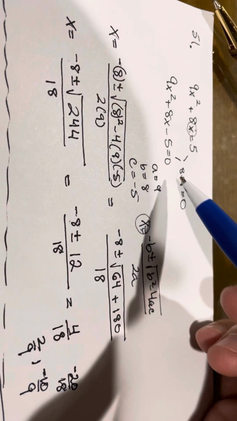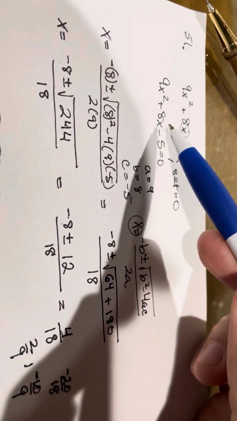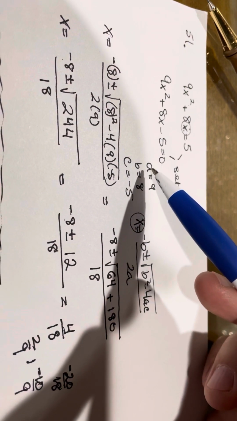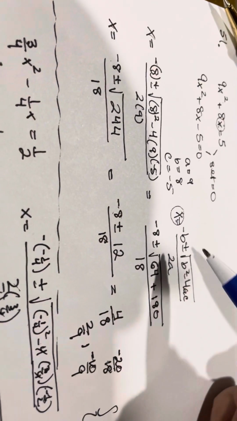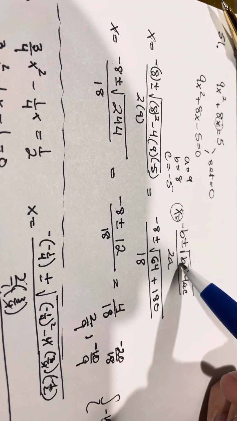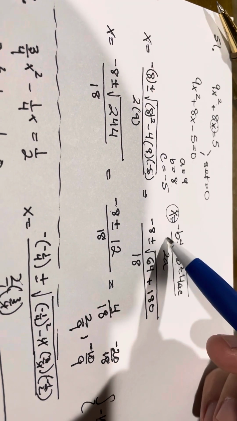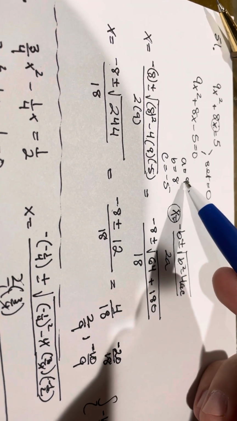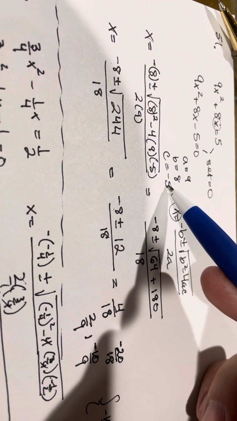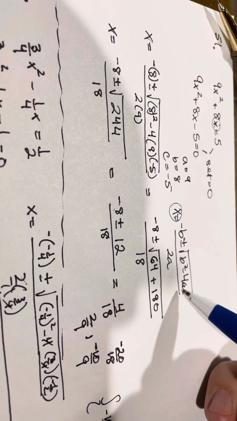So first we set it equal to 0. So we have 9x squared plus 8x minus 5. Your a is 9, your b is 8, and your c is negative 5. What these really are is places. Wherever the letter b sits, the 8 will go. Wherever the letter a sits, the 9 will go. Wherever the c sits, the negative 5 will go.